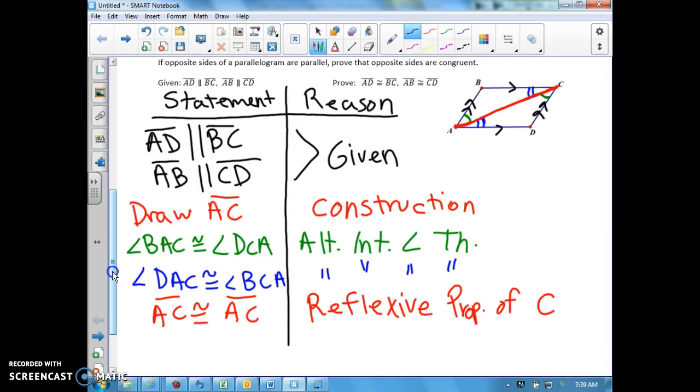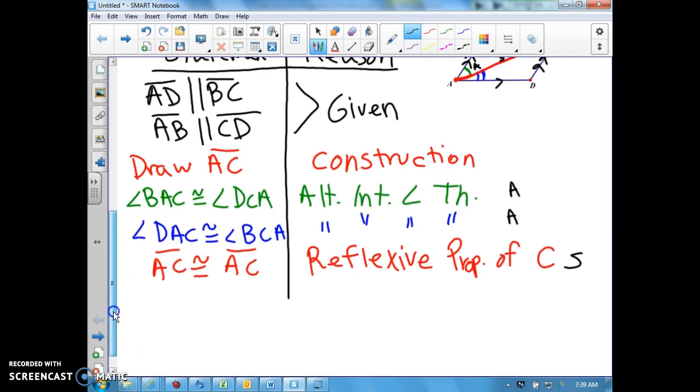Okay. Now, looking back at this, I established that two angles were congruent and a side. My two angles both touch the side, so ASA. Triangle DAC must be congruent to triangle BCA by ASA.